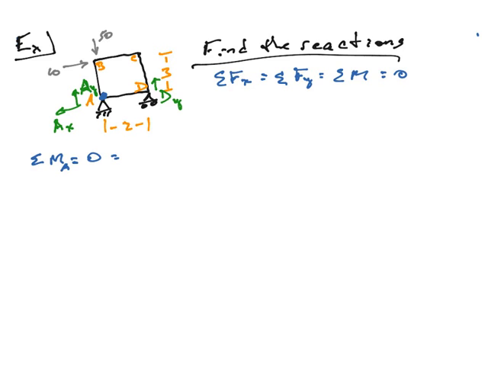Now, what are all the forces that can give rise to a moment at point A? Well, let's look. There's 3 possible forces. There's the 10, there's the 50, and there's dy, because the forces at A are at the point of rotation, so they don't count. Well, can the 10 cause a rotation?